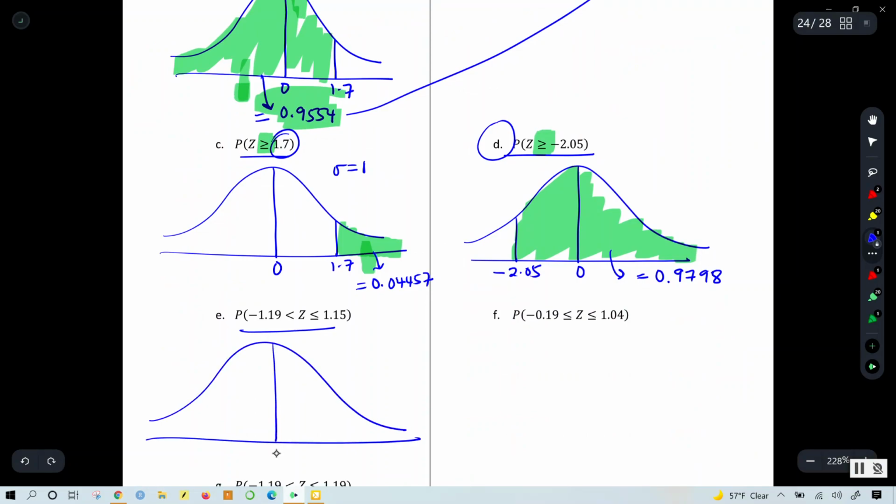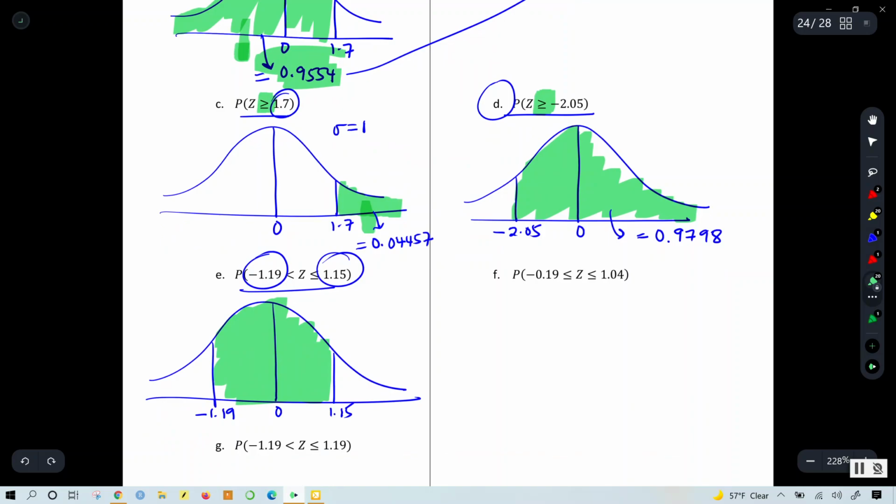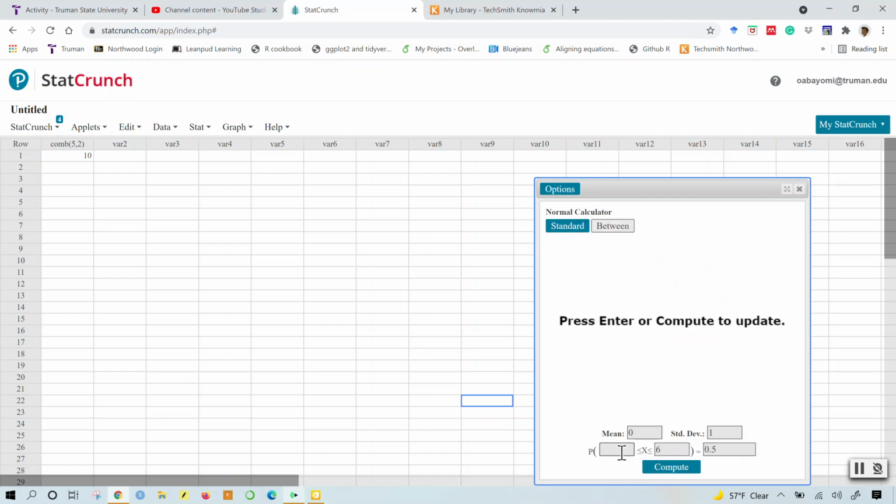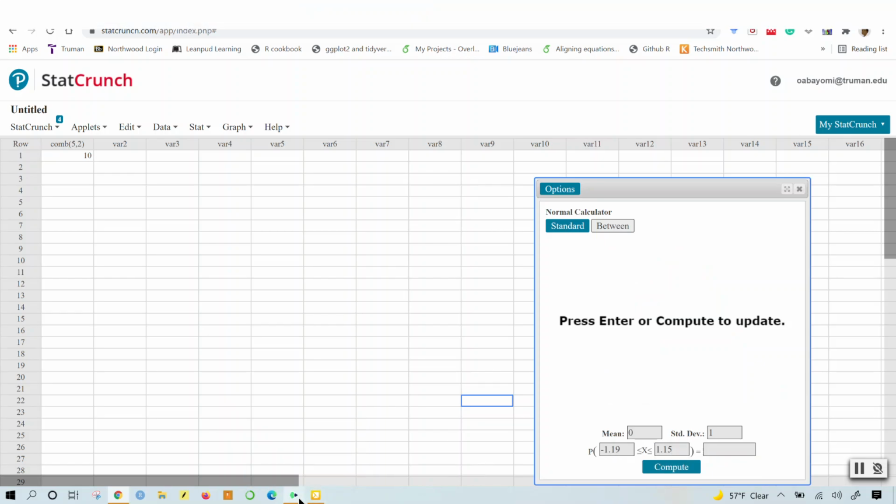Then for the next question, this is between. So I have my mean, 0, my negative value, and my positive value. In this case, I need to indicate that I'm looking at a region between two values, between negative 1.19 and 1.15, I believe, just to be sure.